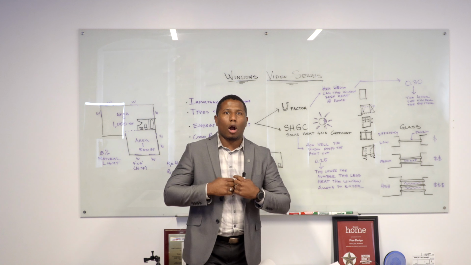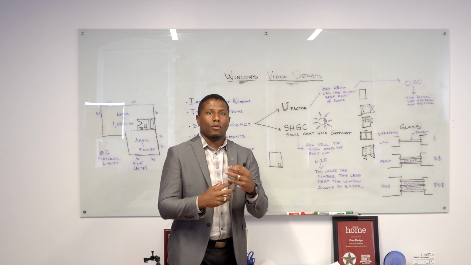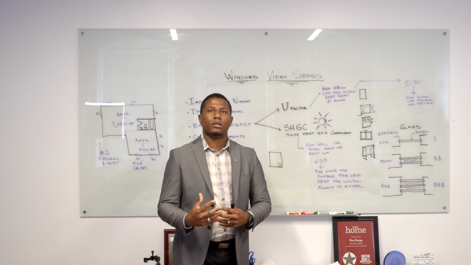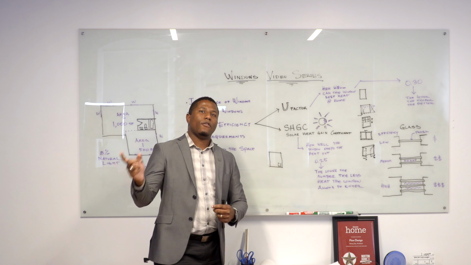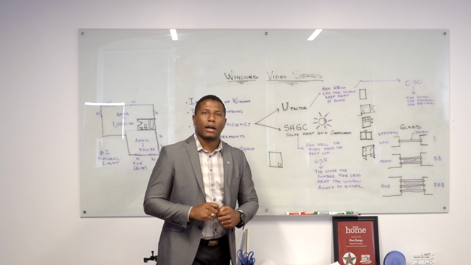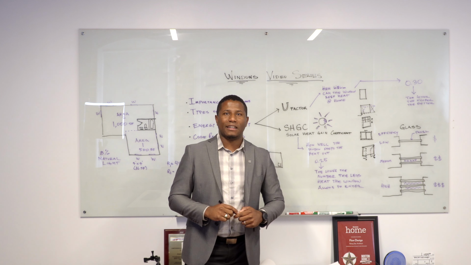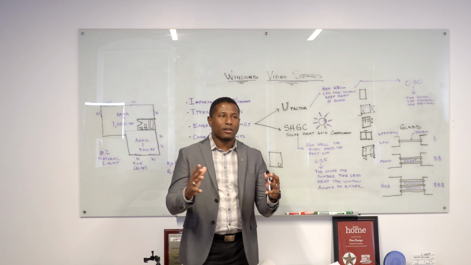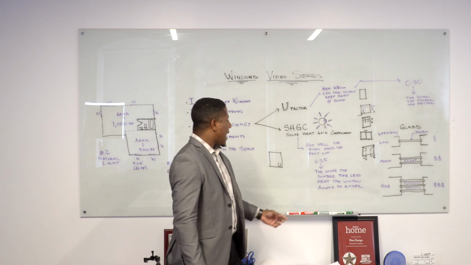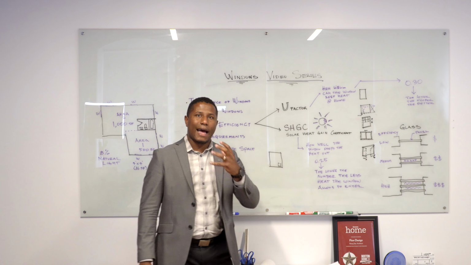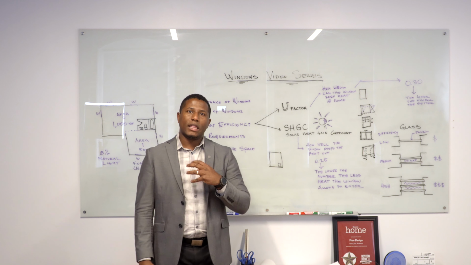You don't want to block the heat because you want to gain more heat in the winter months, versus if you live in Florida and you get heat 24/7, all times of the year, you want to make sure that you are blocking some of that heat gain within that window.